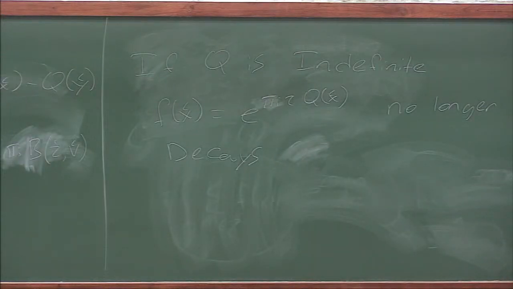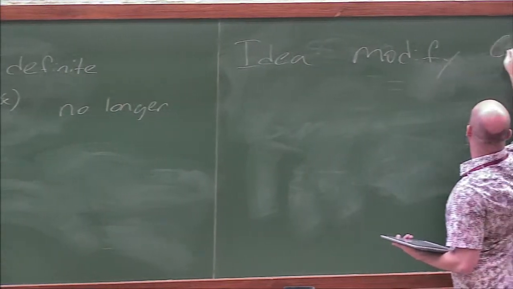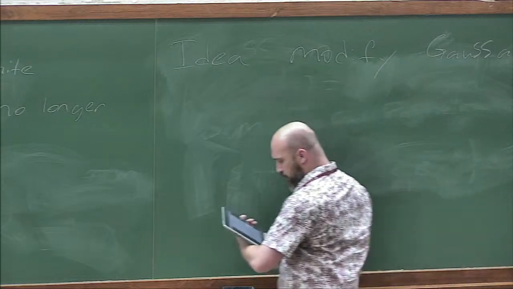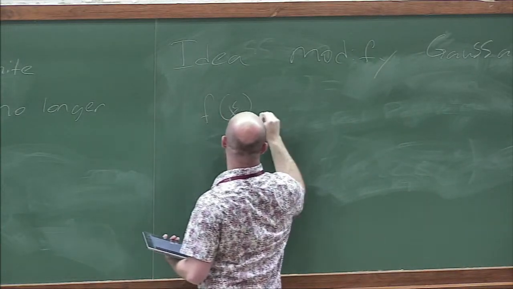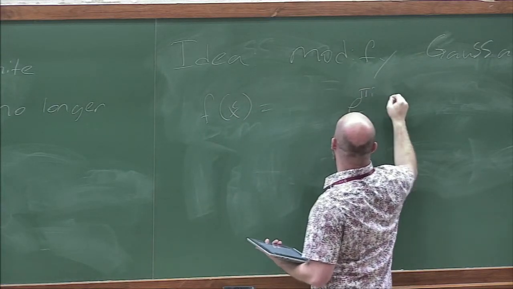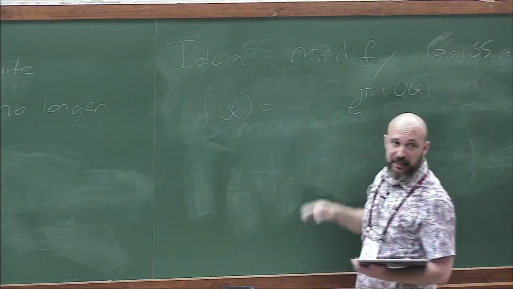We want something kind of based on the Gaussian, but we're going to modify it. So idea: modify the Gaussian. We're going to look at a function of the form f of x equal to. I want to have this e to the pi i tau q of x term in here.